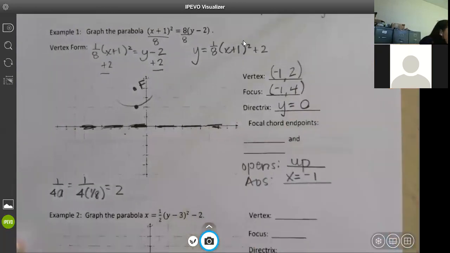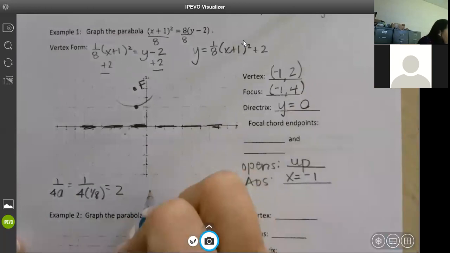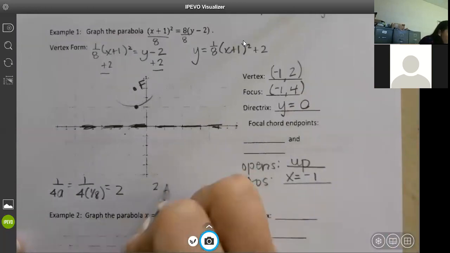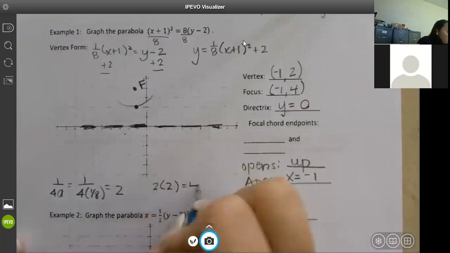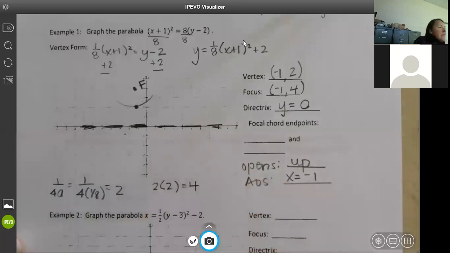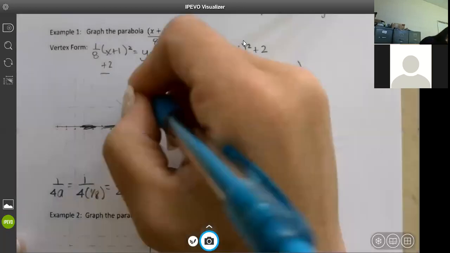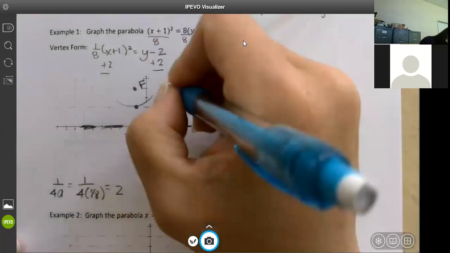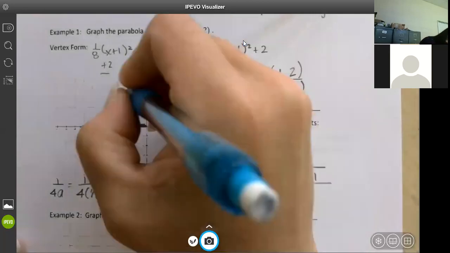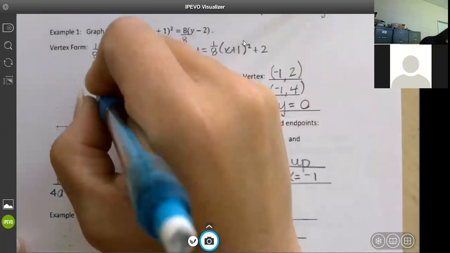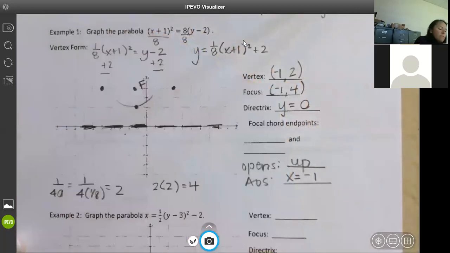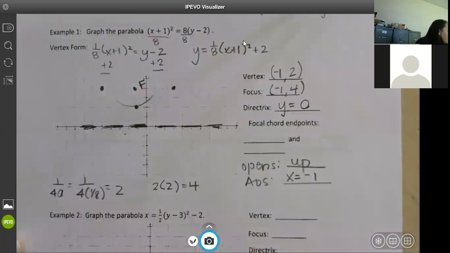Focal chord endpoints, remember we do 2C, which is 4. So from the focus, we go left and right 4. So 1, 2, 3, 4. 1, 2, 3, 4. So what are those two coordinates? How far over did we go on this one?